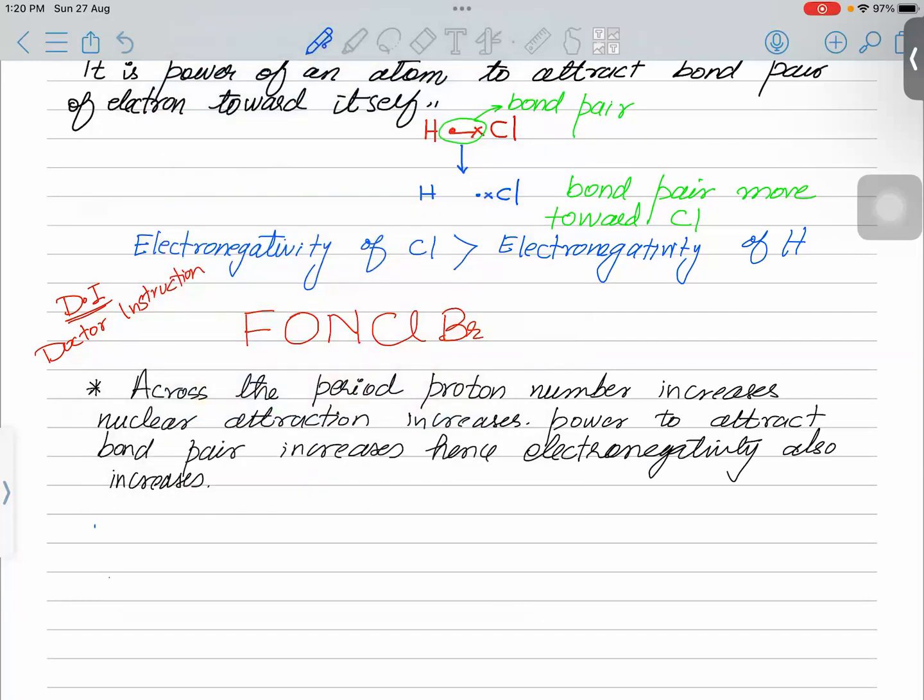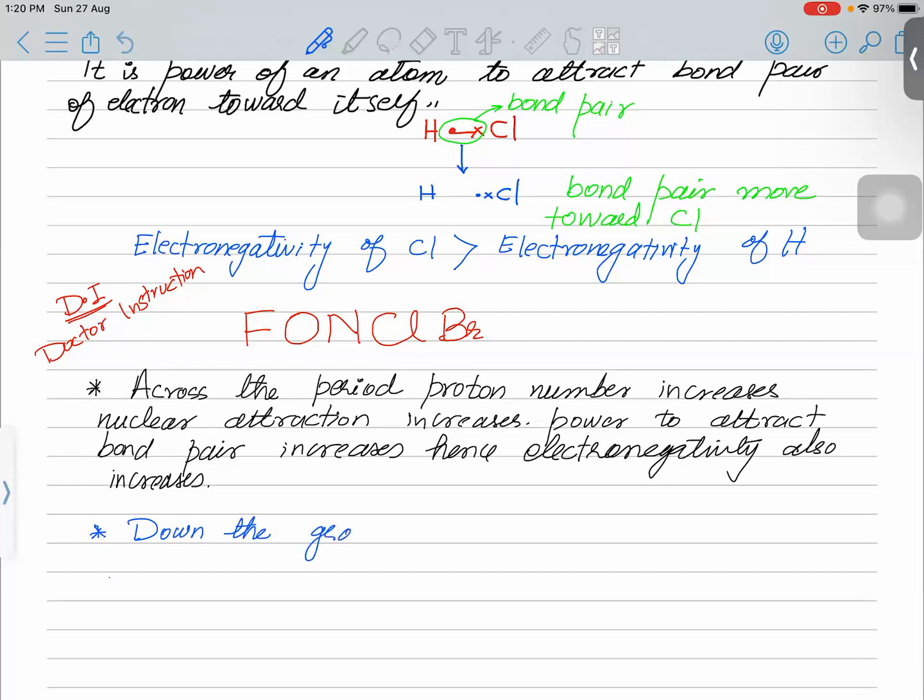Now tell me, down the group, does the shell or the proton number increase? The number of shells increases. As the shell increases, nuclear attraction decreases, because the valence electron is far away from the nucleus, right? So nuclear attraction decreases. Then the power to attract the bond pair decreases. Hence, electronegativity decreases.